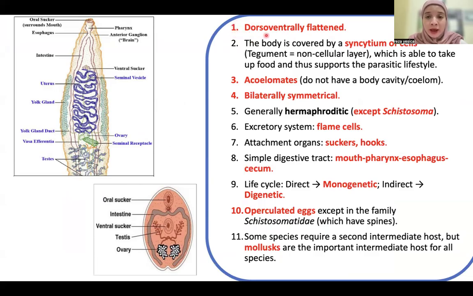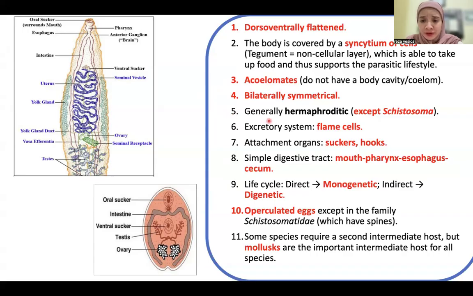The first one, they are dorsoventrally flattened and the body is covered with a syncytium. Syncytium is like a tegument or non-cellular layer, which is able to take up food and support the parasitic life cycle. And they have an acoelomate body, so they don't have a coelom or body cavity.